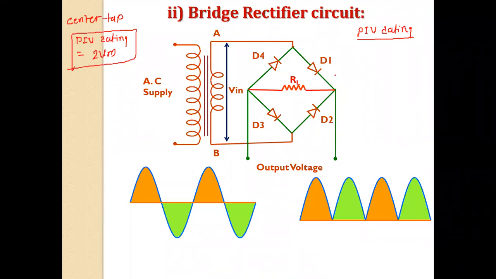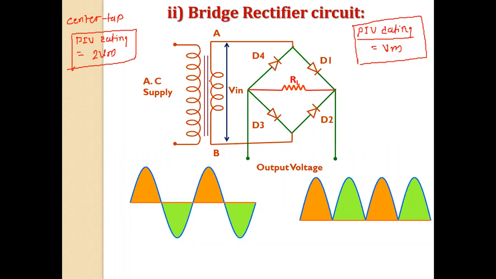But if you observe the PIV rating of a bridge rectifier circuit, as the center tap transformer is not required, the PIV rating of the bridge rectifier circuit is VM, meaning the maximum voltage appearing across the reverse biased diode is VM. So another drawback is overcome in a bridge rectifier circuit. म्हणजे जर तुम्ही कंपॅरेटिव्हली स्टडी केला सेंटर टॅपचा आणि ब्रिज रेक्टिफायर सर्किटचा, तर दोन ड्रॉबॅक ओव्हरकम झालेत ब्रिज रेक्टिफायर सर्किटमध्ये. कोणकोणते दोन ड्रॉबॅक ओव्हरकम झालेत?